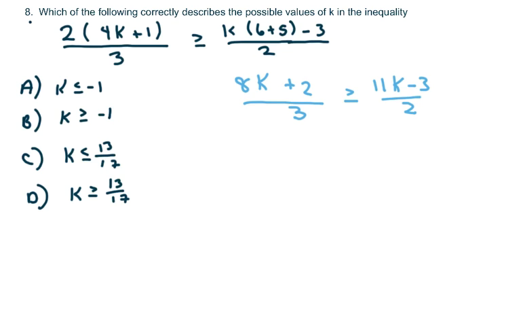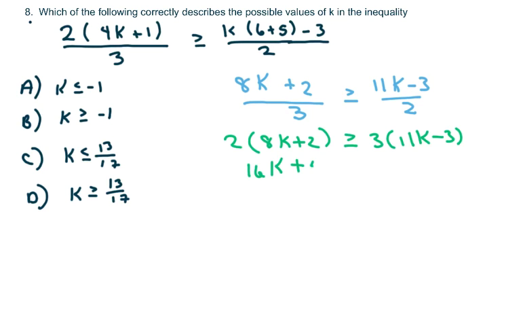Now, I'm going to go ahead and cross multiply, or you could do the common denominator. I'm just going to cross multiply, and you get 2 times 8k plus 2 is greater than or equal to 3 times 11k minus 3. So we get 16k plus 4 is greater than or equal to 33k minus 9.